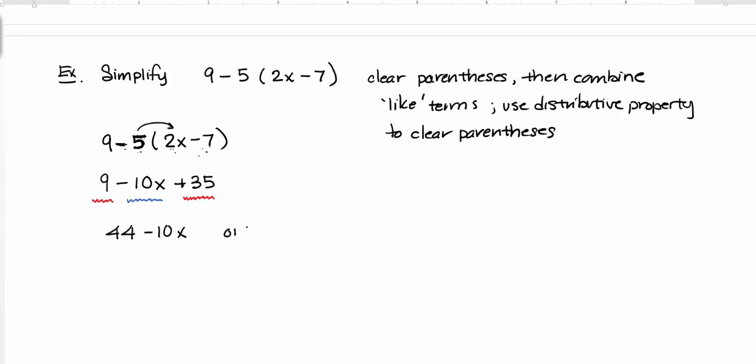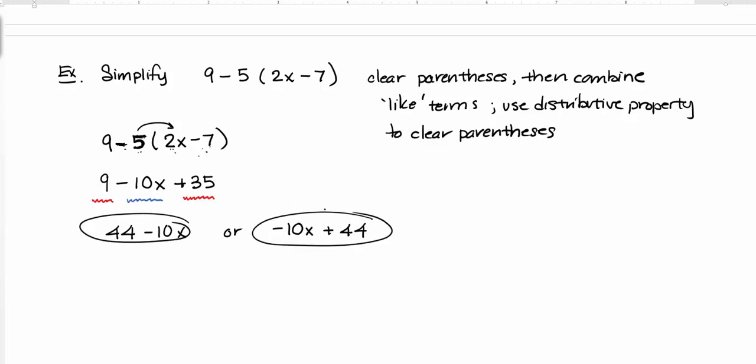The normal convention is I always put the term that has a variable first, and my constant goes at the end. So I have a negative 10x, and the sign in front of that 44 is positive, so I can just say plus 44. Either one of these would be correct.